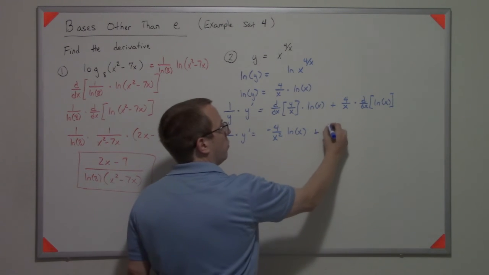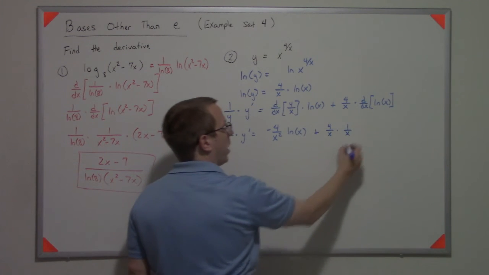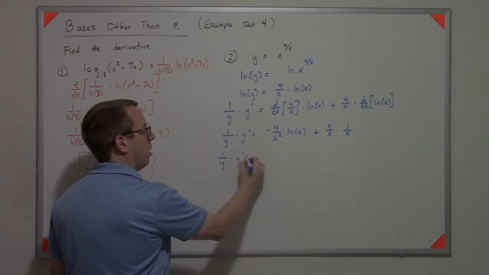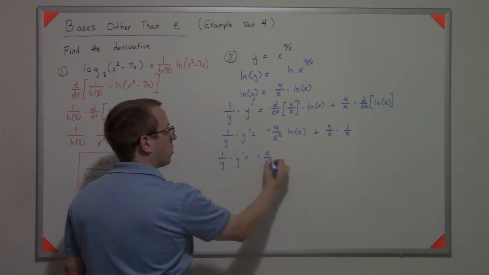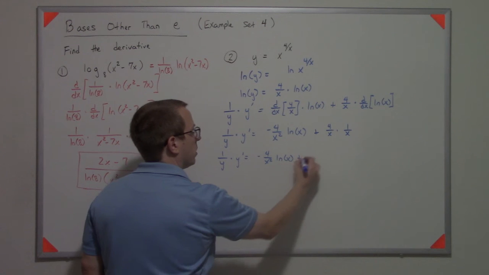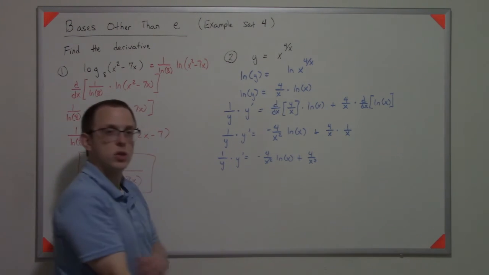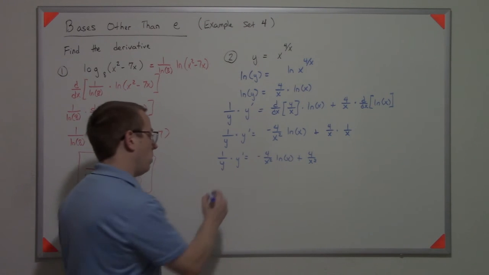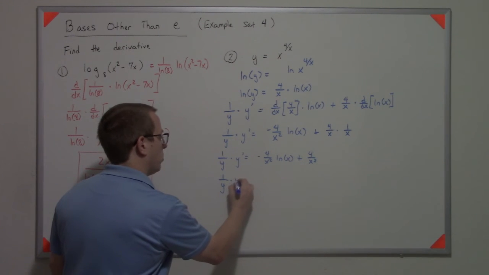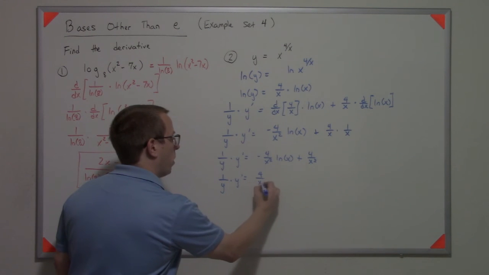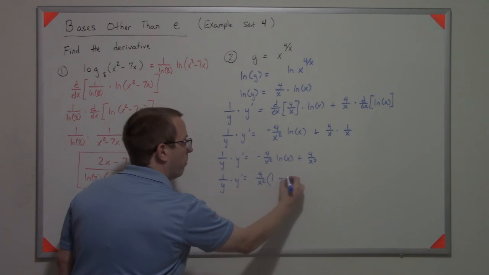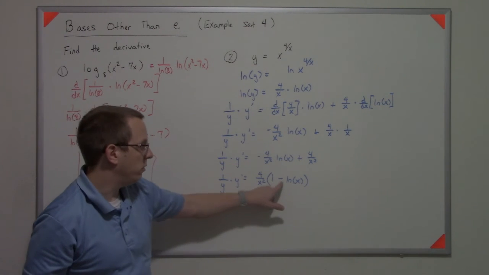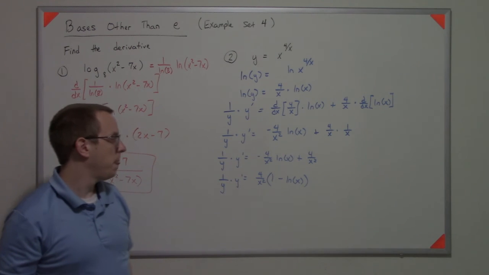And then this is 4 over x times 1 over x, which then becomes 1 over y times y prime is negative 4 over x squared natural log of x plus 4 over x squared. So I see I have a 4 over x squared in each term, so I'm going to factor that out. So 1 over y times y prime is 4 over x squared, 1 minus natural log of x. It's just cleaner to write it that way as opposed to negative natural log of x plus 1.